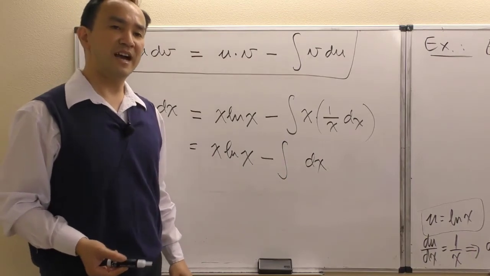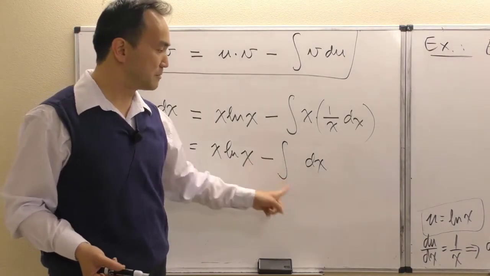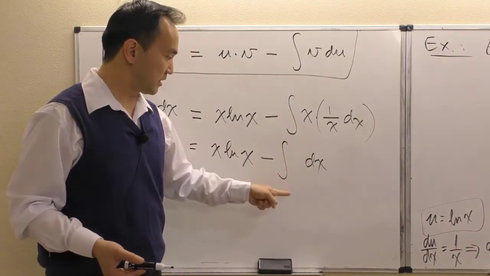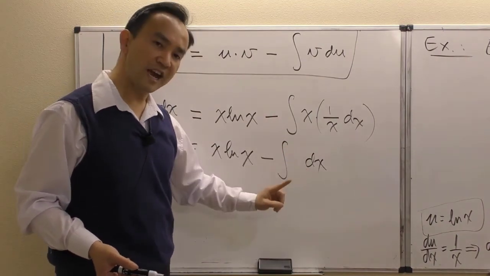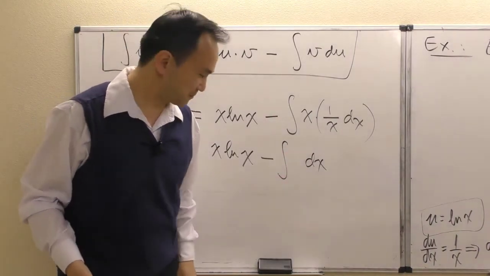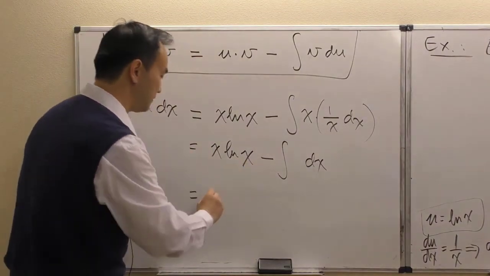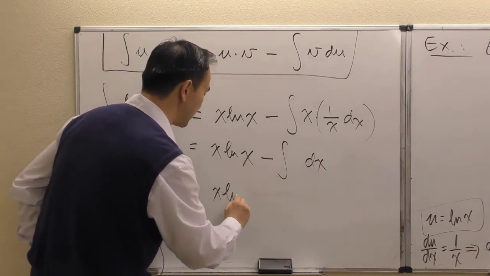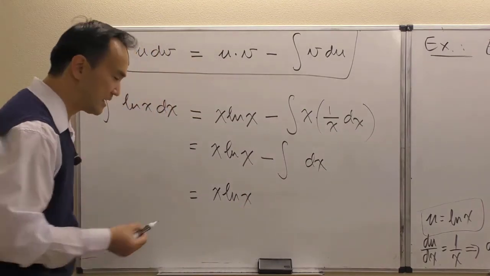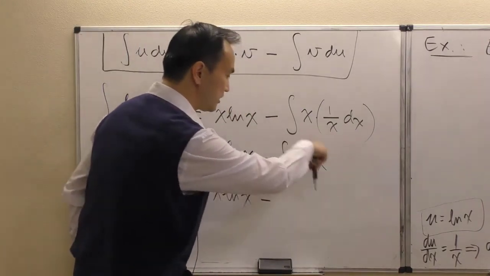I had a video clarifying the meaning of the integral sign and the dx. It means 1 times dx. All right, and so now our answer is ready. First term, there isn't much to be done, so I'm leaving that the same, x times natural log of x. But the next term is the answer to this integral.